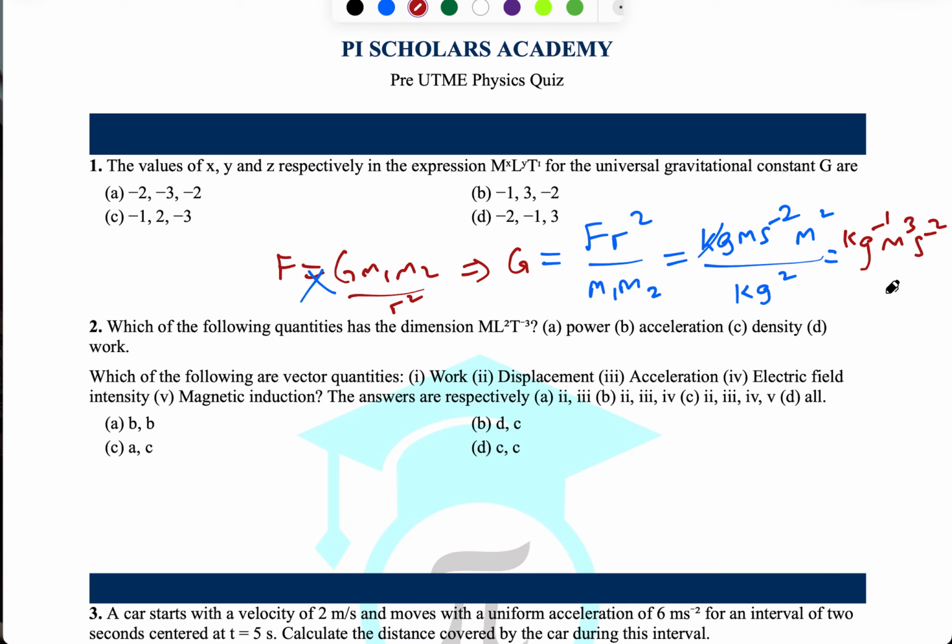Once you have been able to get these SI units, you should know that the dimension of kilogram is capital M, dimension of meter is capital L, and dimension of seconds is capital T. So therefore, this will be M raised to negative 1, L raised to power 3, then T raised to power negative 2. So that implies that the correct combination here will be negative 1, 3, and negative 2. So the correct answer to this question is option B.